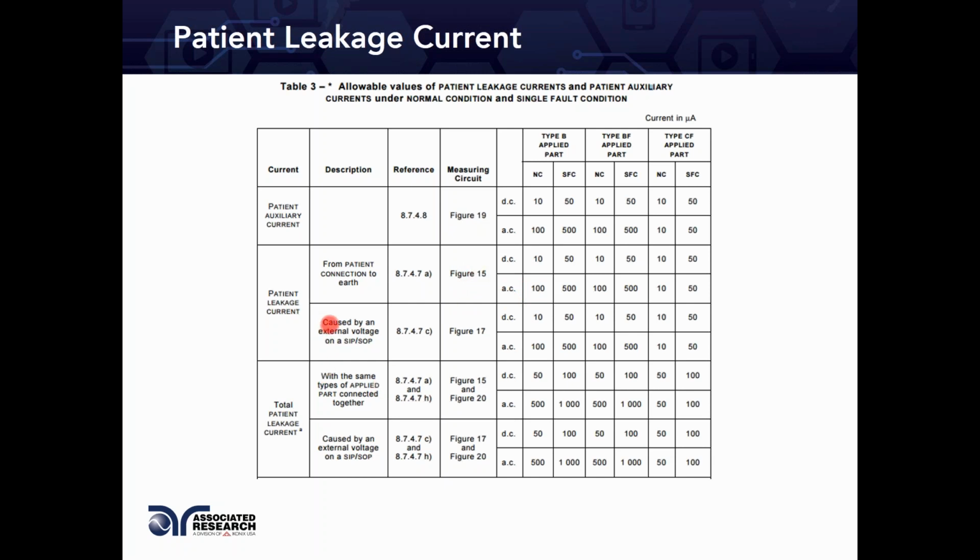There's additional requirements for external voltage on SIP/SOP. So this is, again, when I mentioned, if you had a patient leakage current, is there additional leakage current felt by this applied part in case somehow the input port gets energized? What if the IT department was running some tests, somehow they connected the LAN cable into an outlet or some kind of 100 volts outlet, and that voltage is now seen by the product that's connected to the network?